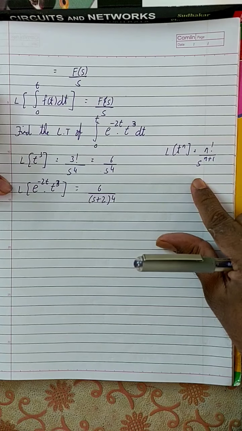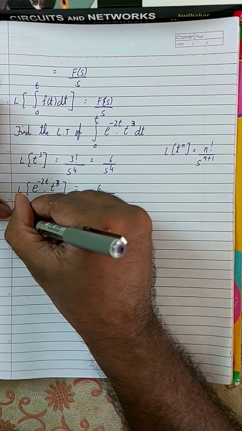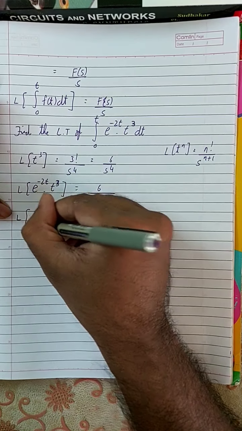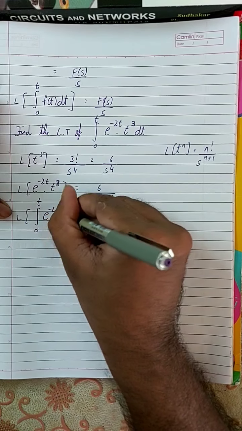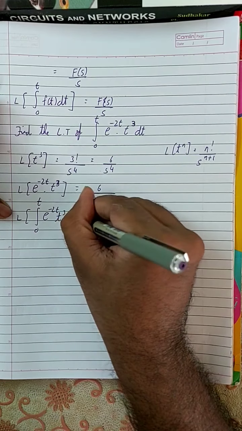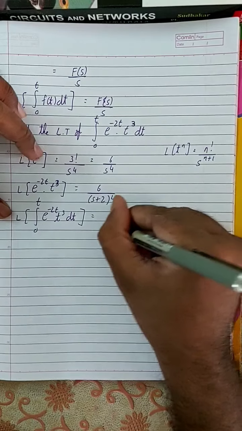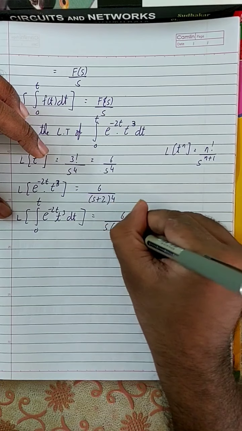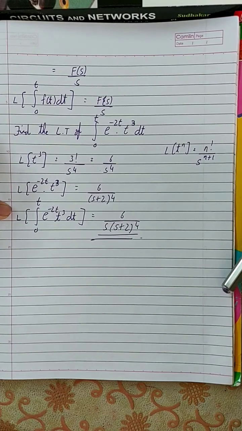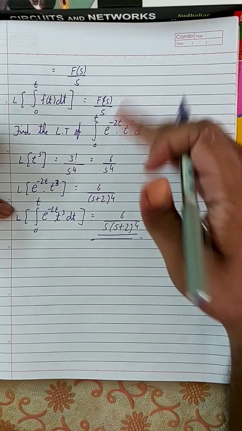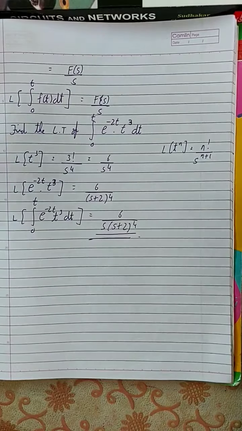So in that case, the Laplace transform of integral 0 to t e raised to minus 2t t cube dt is nothing but 6 by s into s plus 2 the whole raised to 4. That's it. We simply find the F of s and then simply put an s in the denominator. That's all. Very easy, right?